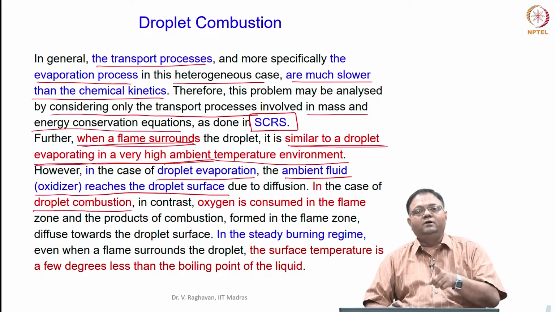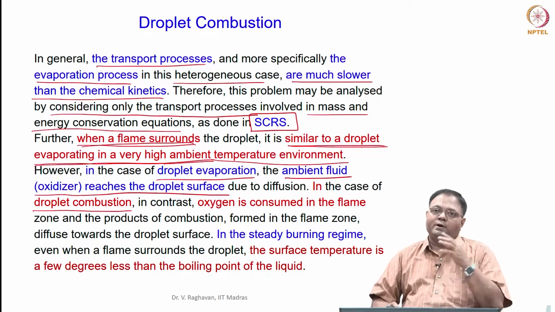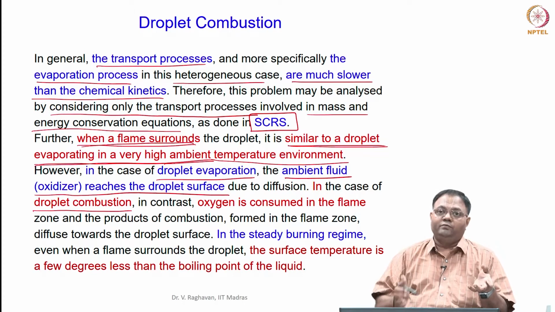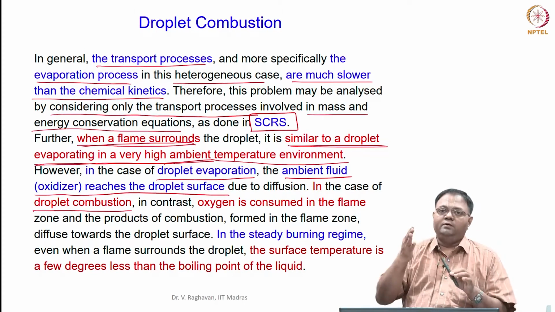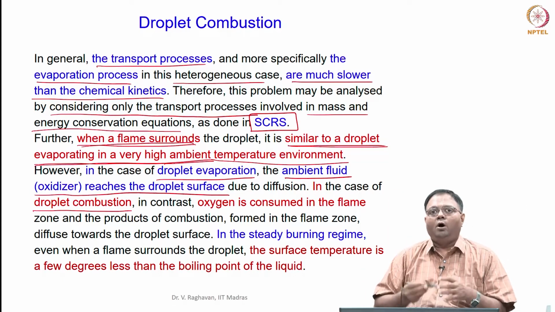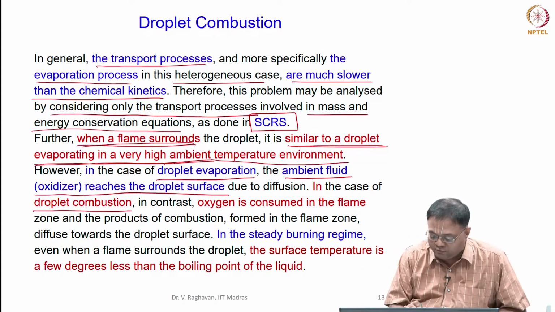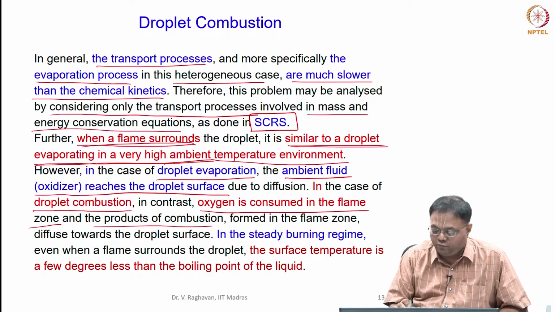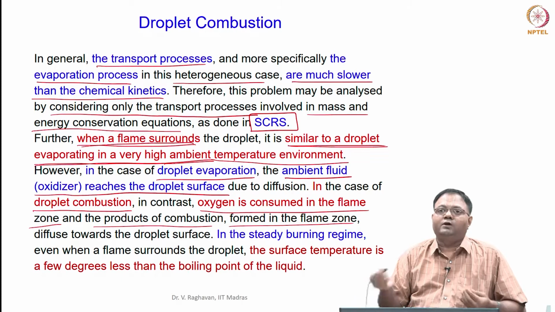Nitrogen, an inert, can penetrate, but oxygen cannot penetrate across the flame to the surface. In the region between the surface and the flame, there will be no oxygen. Oxygen is consumed in the flame zone and the products of combustion are formed there, so oxygen cannot come to the surface.